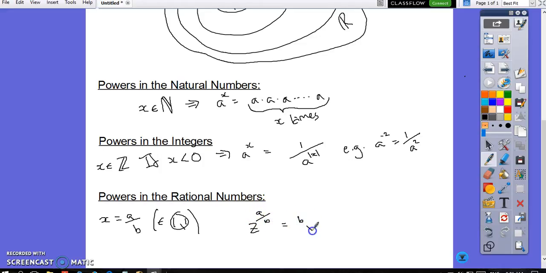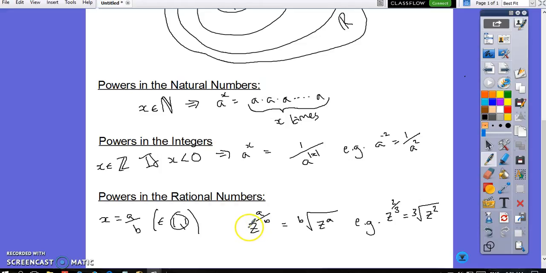This is the bth root of z to the power of a. So, for example, z to the power of 2/3, we have the cube root of z squared. So we've seen powers in those three sets.